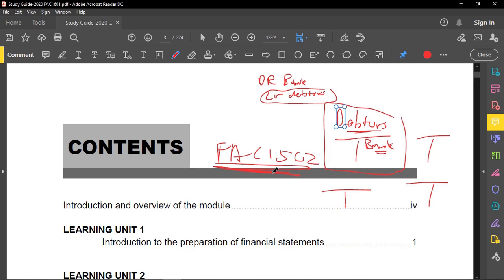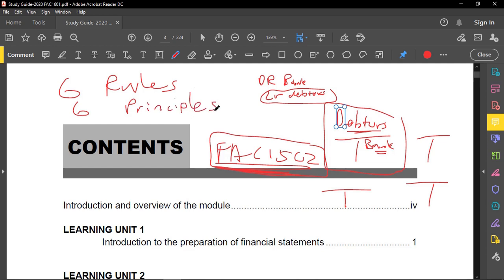Once we've covered this week's session, you'll have everything. I'm going to go through all of this with you, so even though I didn't assist you in the past, it doesn't matter. You've got everything now, and you can see the approach. I base everything on rules and principles, because then you only need 6 rules and 6 principles or definitions, and then you can do anything accounting.